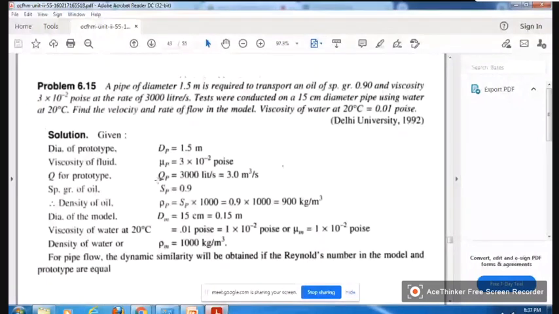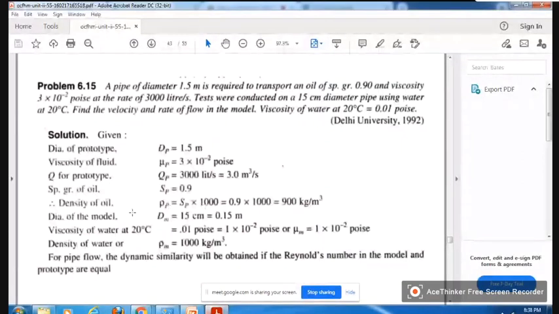Q, the discharge of the prototype, is 3000 liters per second, that is 3 meter cube per second, and specific gravity of the oil is 0.9. Density of the oil is specific gravity into unit weight of water, that is 0.9 into 1000, so 900 kg per meter cube.